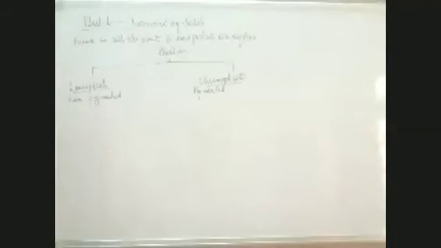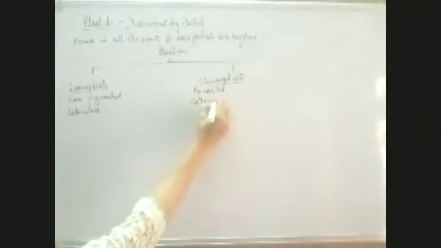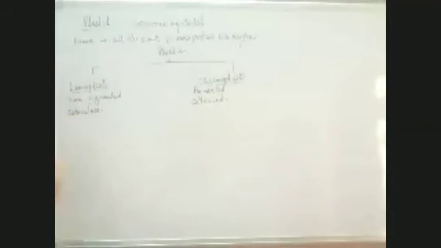Leukocytes are the word you must have heard, the white blood cells. So leuco means either colorless or white. So the leucoplasts are colorless. Chromoplasts are colored.